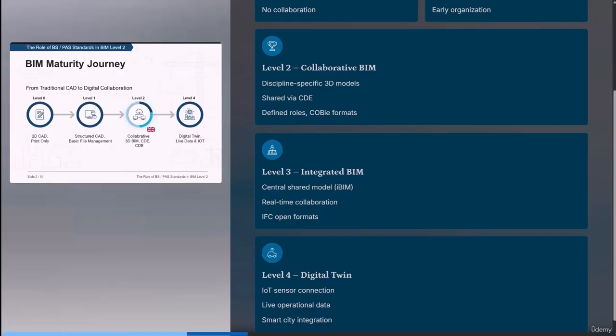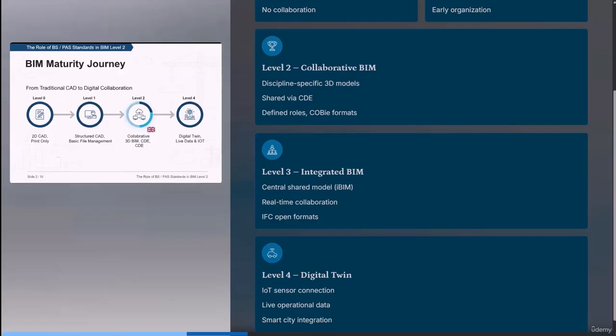At this part, the boundaries between designing, construction, and execution are almost removed. This level is the final purpose of ISO 19650. And at level 4, we got digital twin, in which we got the IoT sensor connection, live operational data. In other words, the digital model shows the asset status.